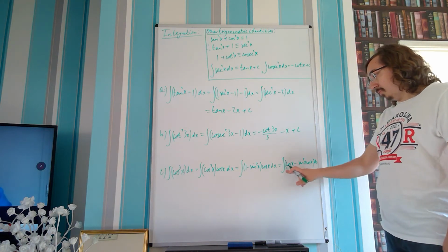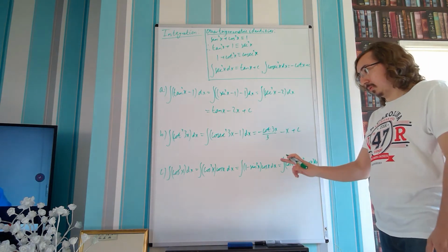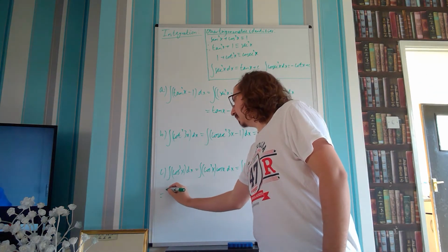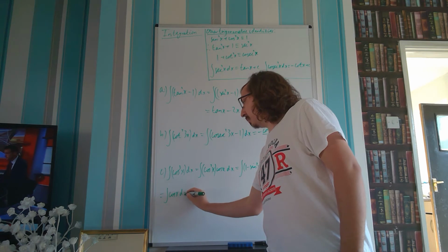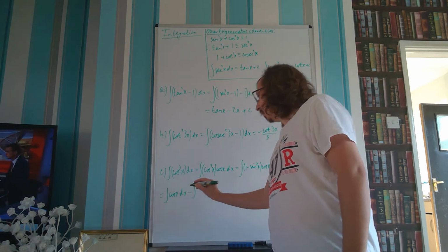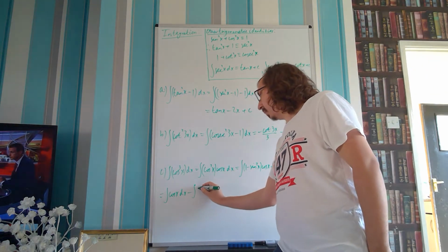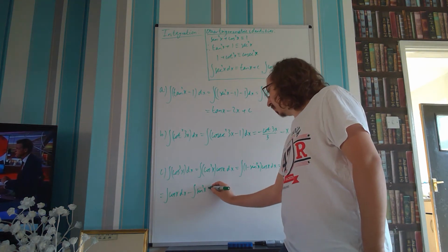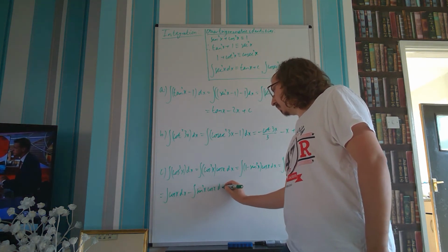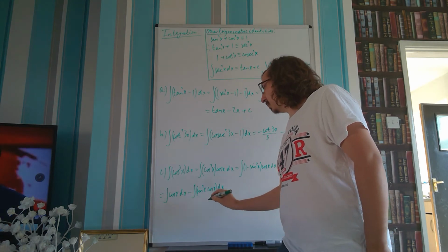Now in this form, we can break this up into two integrals. So really, we are integrating cos x with respect to x minus the integral of sine squared x cos x with respect to x.